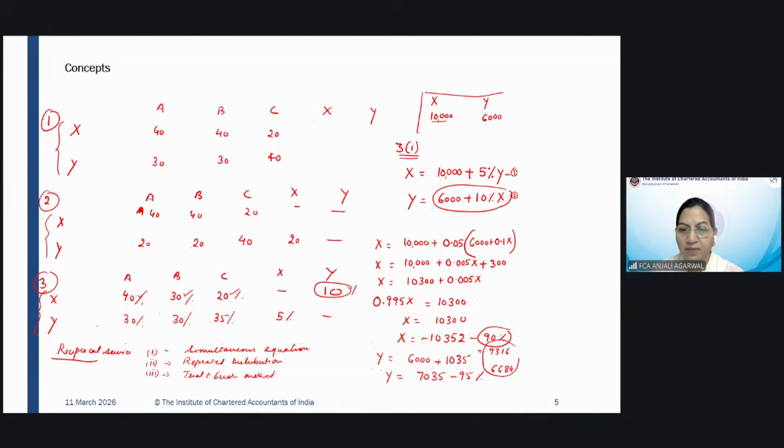Similarly, Y comes out to be 7,035. So of 7,035, 30% goes to A, 30% goes to B, and 35% goes to C. So this is how you are going to solve it using simultaneous equations.